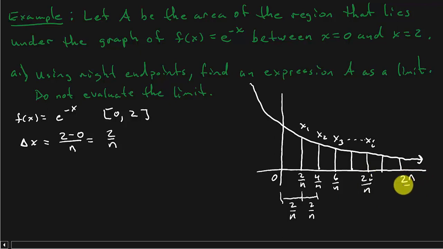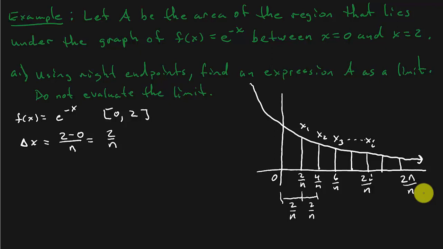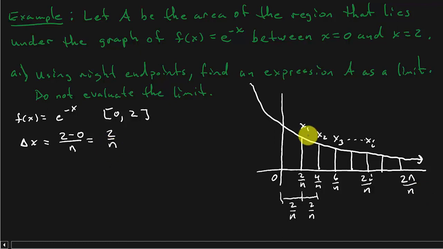And we can write 2 as 2n over n. How many rectangles do we have? n. So I'm going 1, 2, 3, ... i, and then I'm going to keep going all the way to n rectangles. You see that?